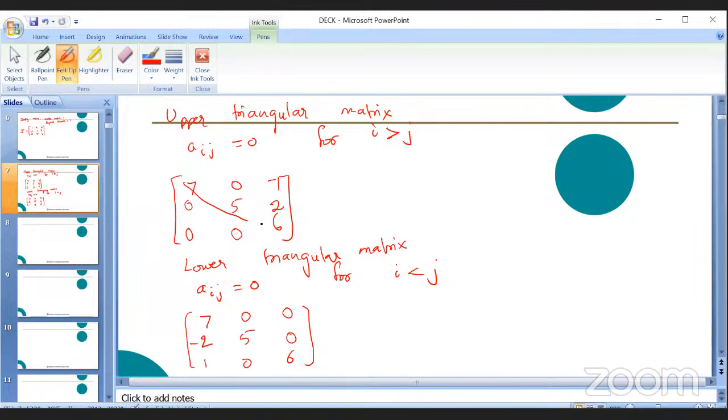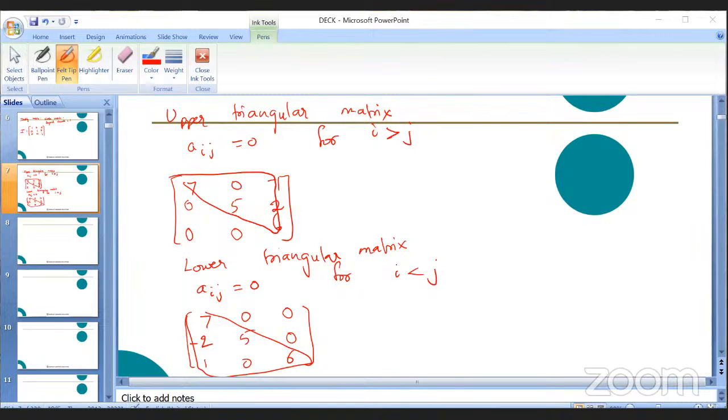So this is the upper triangular matrix. This is the lower triangular matrix. If you are not able to follow anything, you comment in the box and stop me so that I will explain again. Okay.